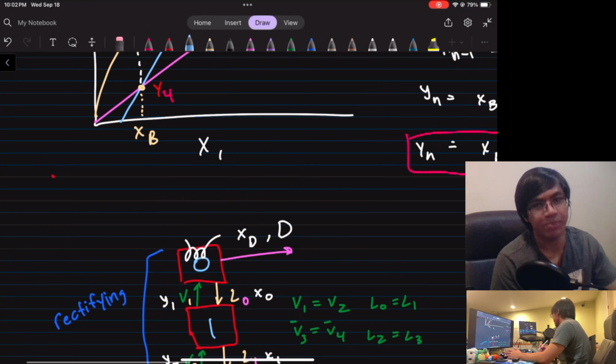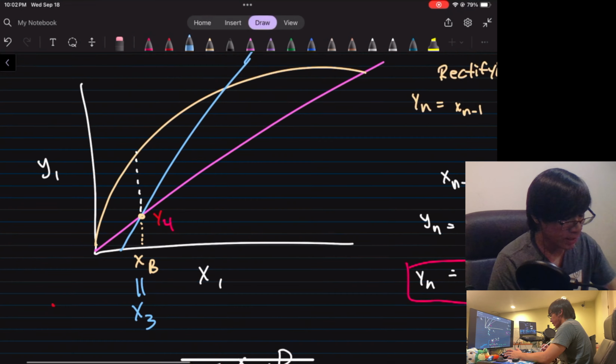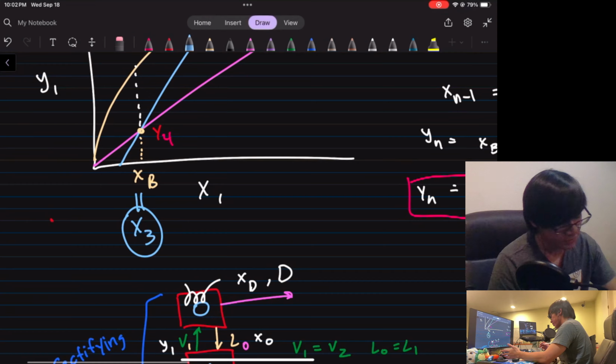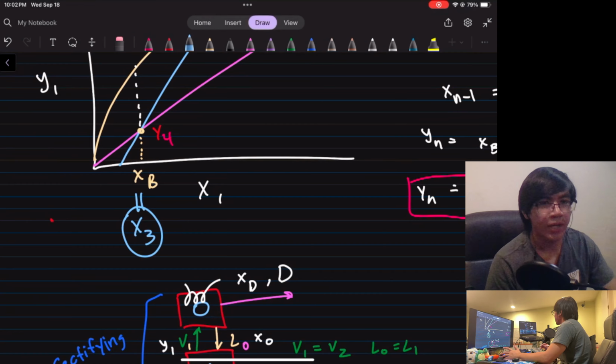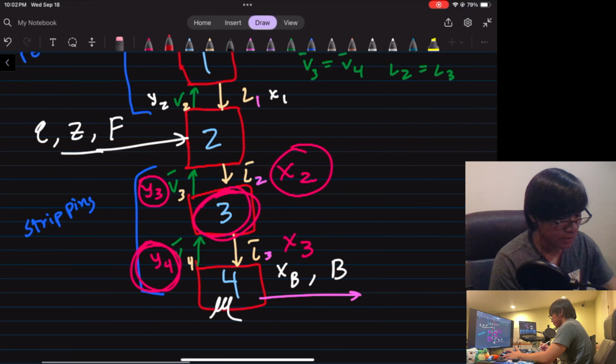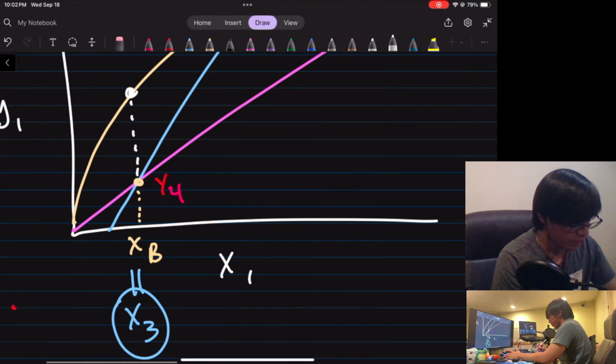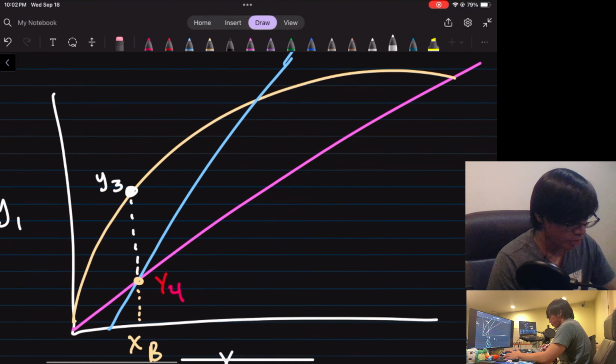So this xB, our bottoms molar fraction, is actually x3. Technically they're the same, but if we look at our distillation column, x3 is in equilibrium with y3. Why we go up here, and now we have a y3 on our equilibrium curve.